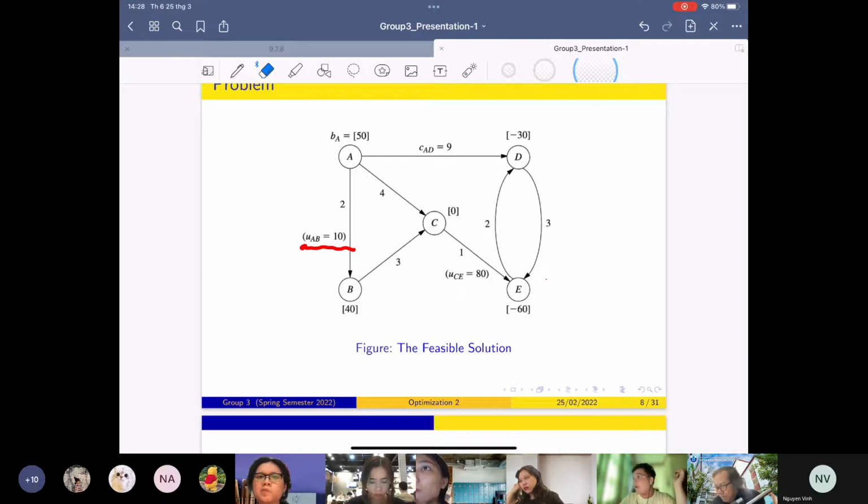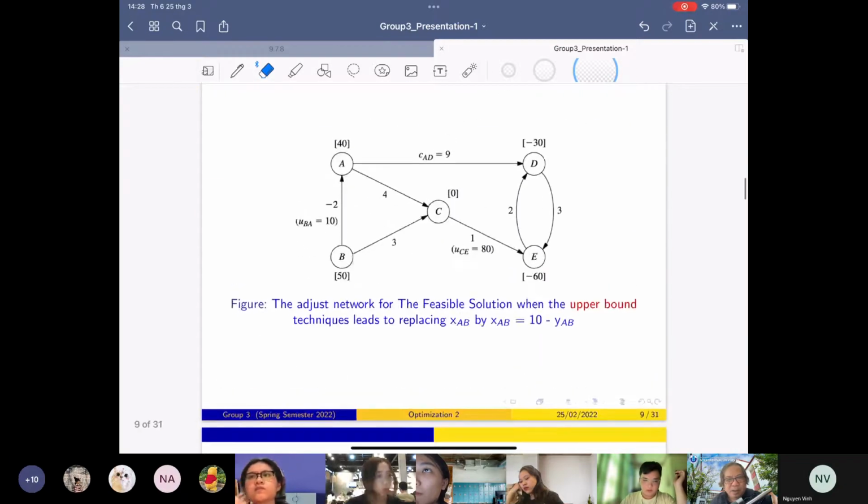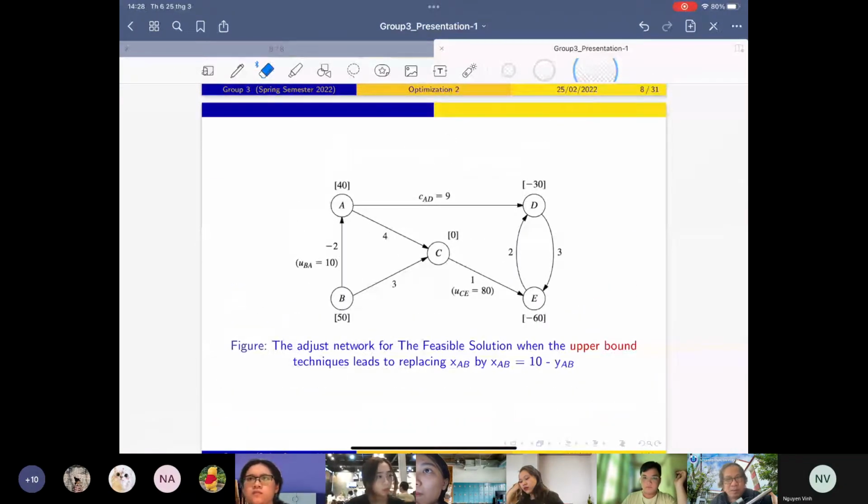You move to the next slide. Here is the adjusted network. After moving from A to B, the reverse arc will be BA and the cost will be -2.